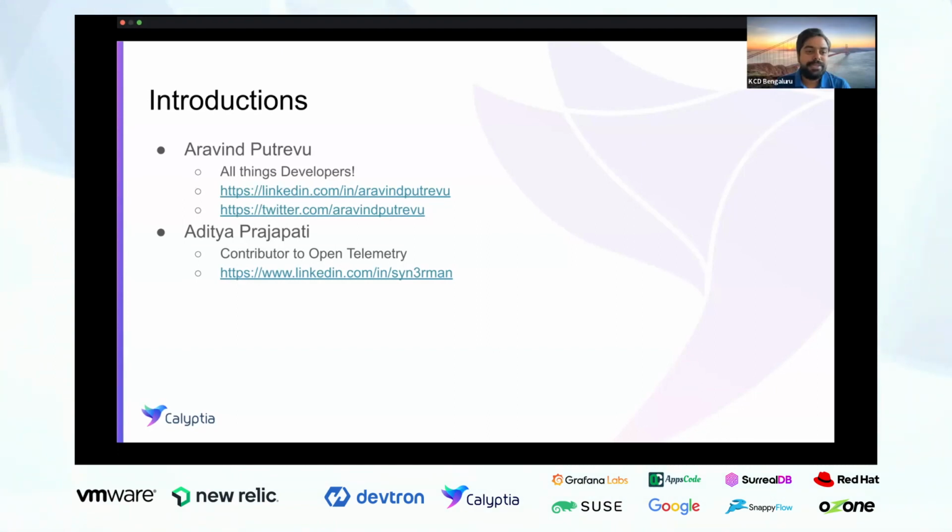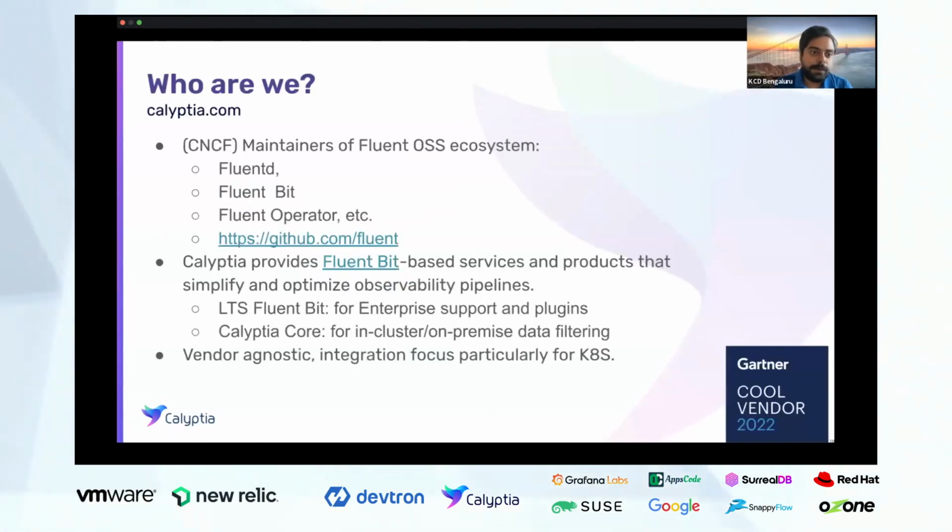Like I said, many people ask me what the company does, or how we are in the Fluent ecosystem. Calyptia is the company behind the open source projects Fluentd, Fluentbit, and the Fluent stuff. You could check out the open source projects at github.com/fluent. It's a fully CNCF-maintained, organized project.